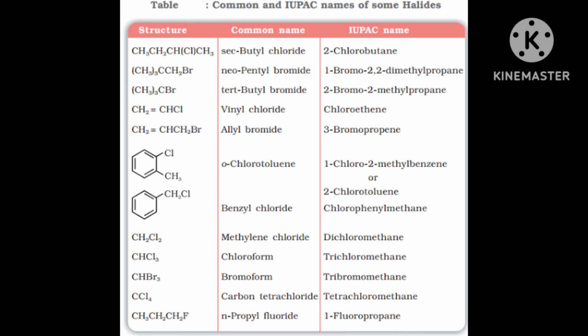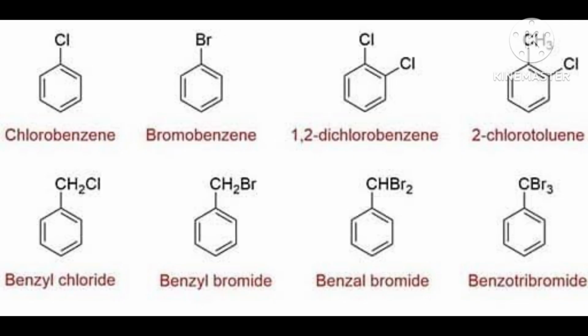In the IUPAC name, at the end you have to write the alkane name. Here the alkane name is propane. Hence the complete name is 1-chloro-2,2-dimethylpropane. When the same thing comes 2 times, you write di; 3 times, tri. Between 1 and chloro you write a dash, after the 1 a dash, then chloro.